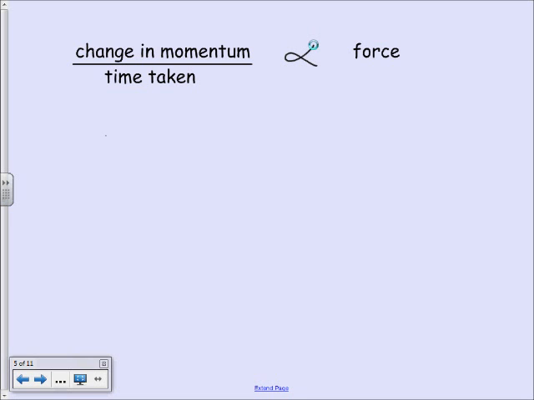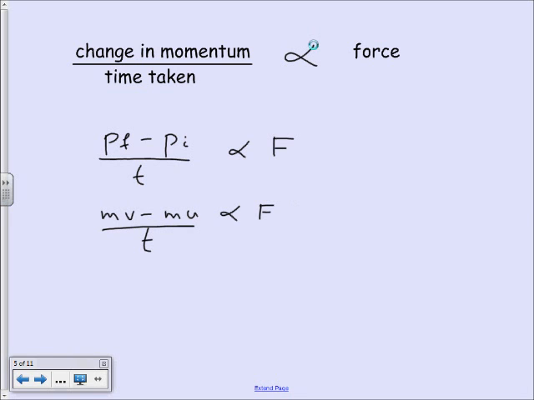So change in momentum, P final minus P initial, well, that looks a bit like vector subtraction to me, if we had different directions involved, divided by time taken, proportional to F. Momentum, mass times final velocity for final momentum, minus mass times initial velocity for initial momentum, proportional to force.